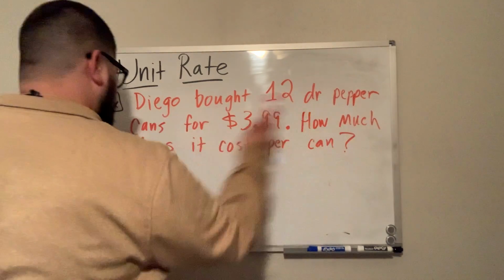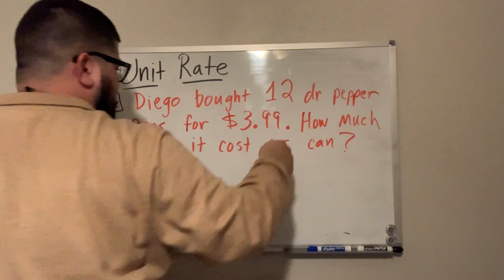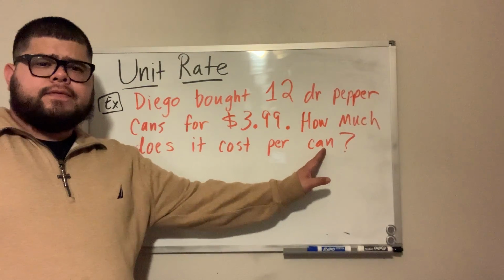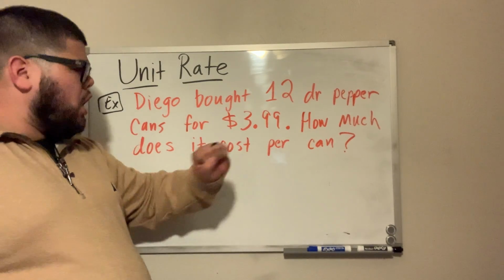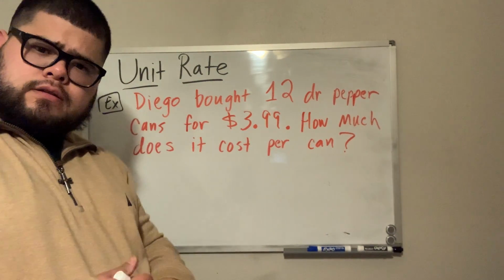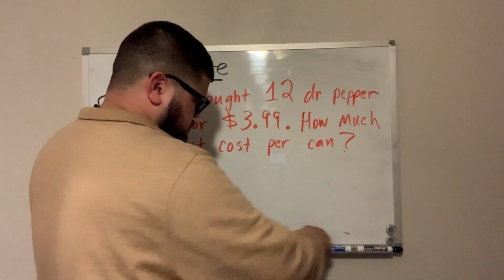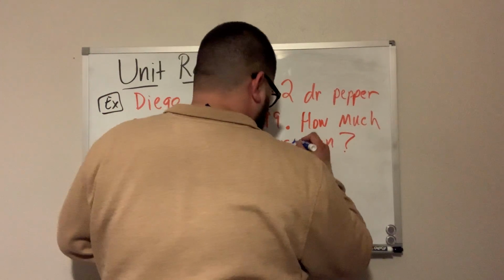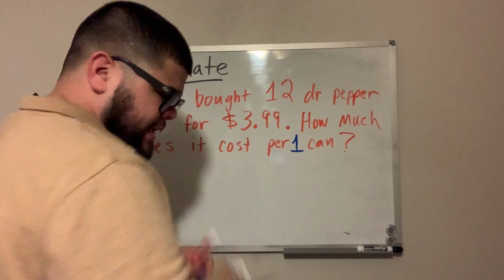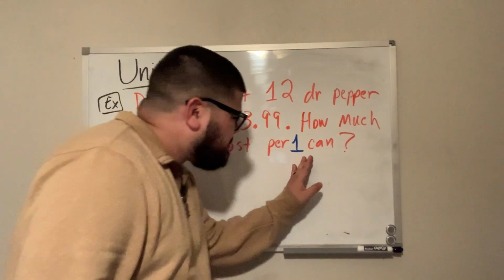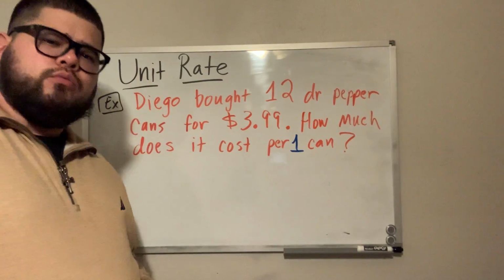So, how much does it cost per what? Can, right? Now, how many can? One can. One can. So that tells me right there I'm looking for a unit rate.